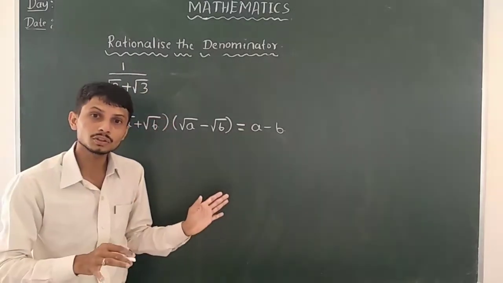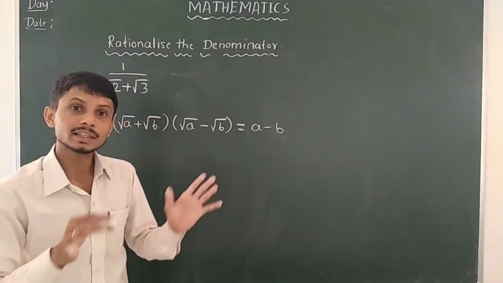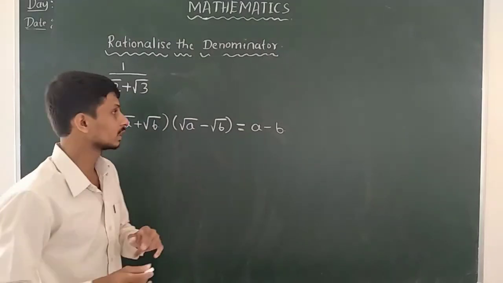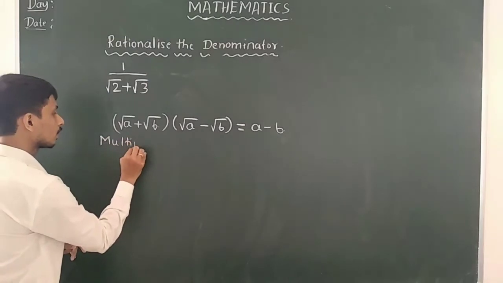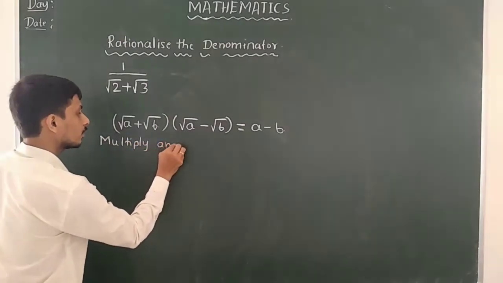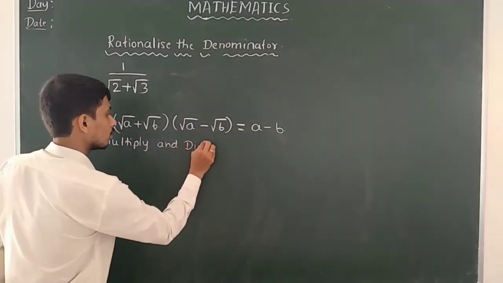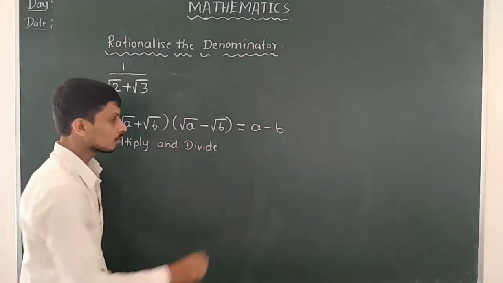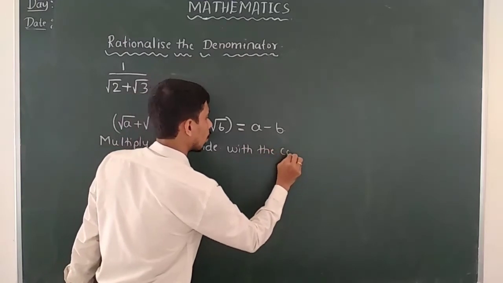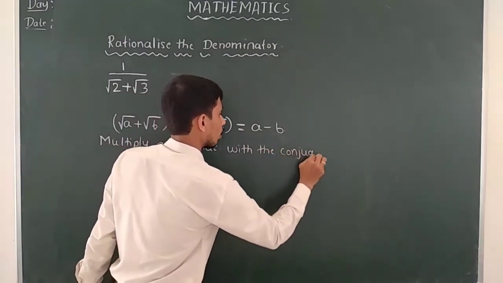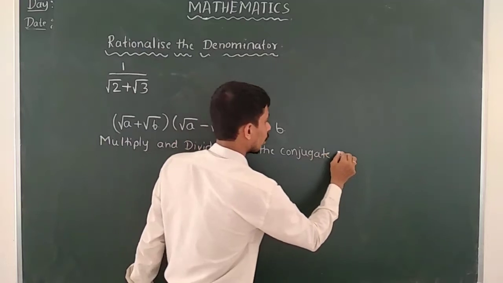Then what is the conjugate of root 2 plus root 3? It's root 2 minus root 3. So here we have to multiply and divide with the conjugate of the denominator.